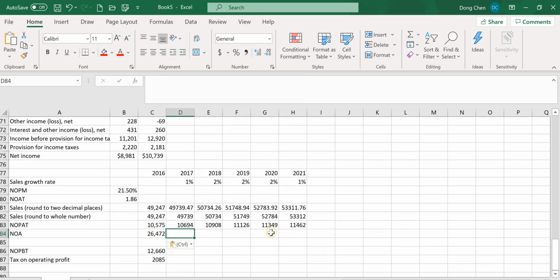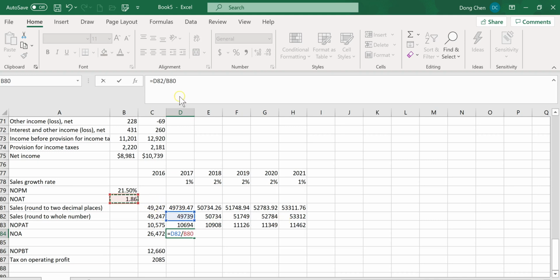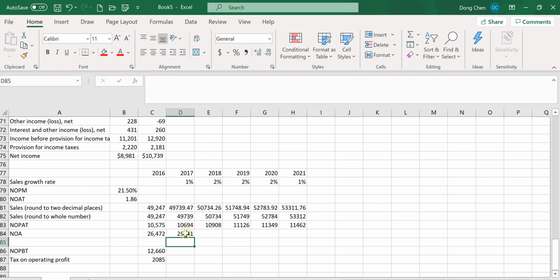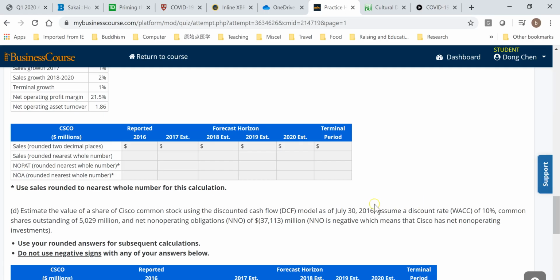Then for the first year, it's going to be the sales divided by the NOAT. Again, I want to fix this NOAT cell, use the round function to 0 decimal places, and then pull all the cells to the right. So I guess that's what we have for this table.